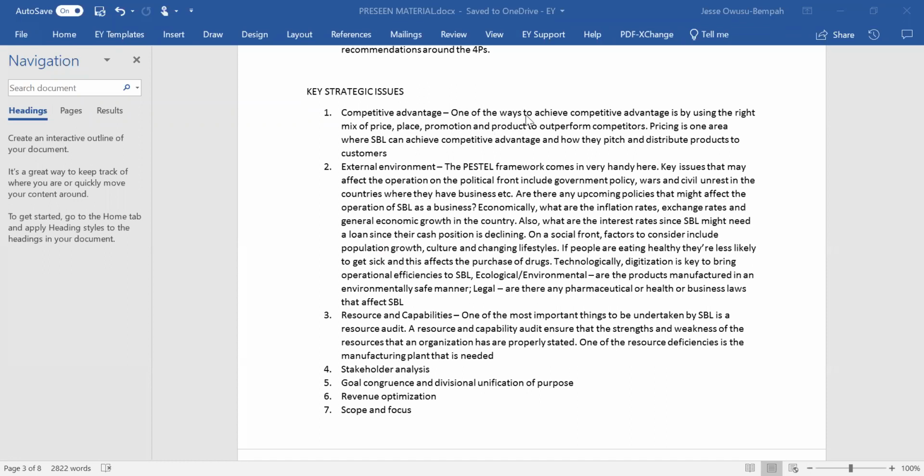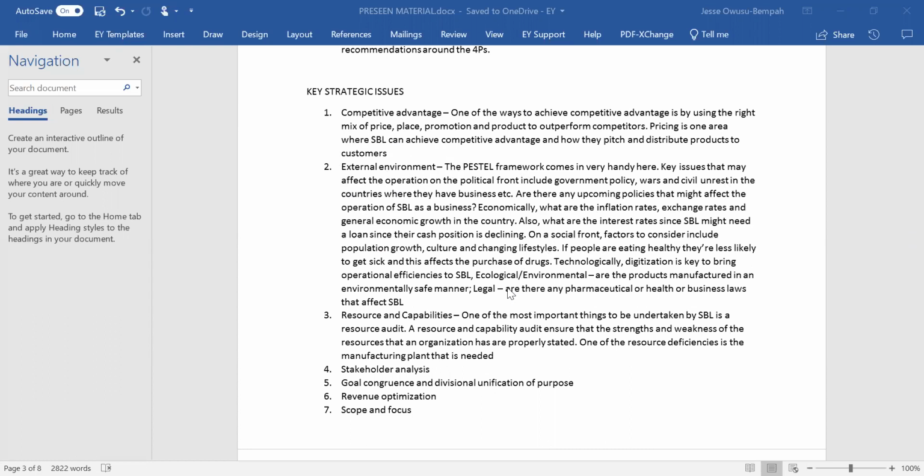People achieve it through the product they are offering, and some through how they place the product. It could be different ways. Another thing is the external environment. What is happening in the external environment? That's where the PESTEL framework comes in, and we will talk about that extensively as we go through. Here I talk about things like the political factors and all of that.